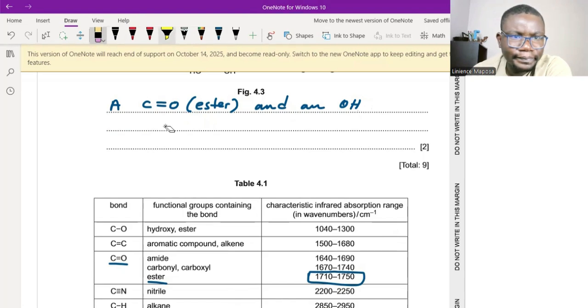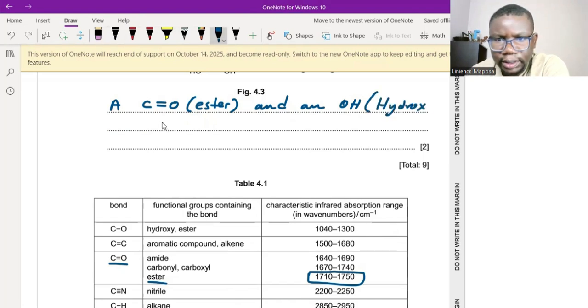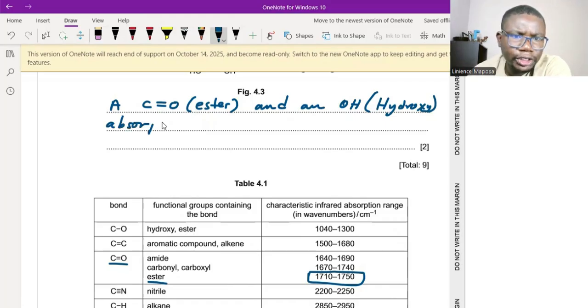Writing is tough, isn't it? Absorption peaks. Now there are more, so I'll say absorption peaks.